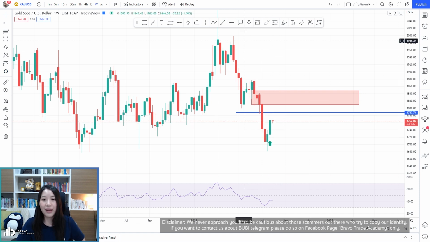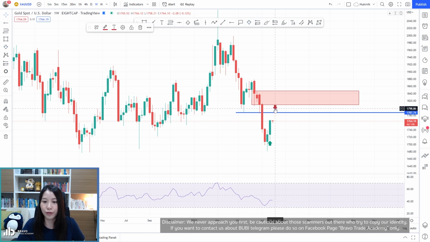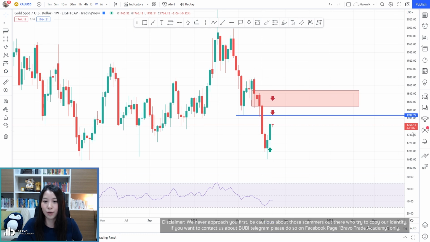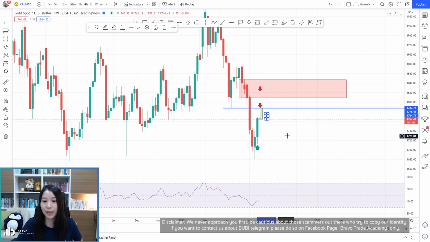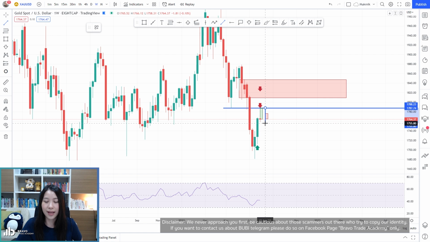So the first thing to be careful about is this resistance at around 1790, and another one at this supply zone. The price for this week could be a bullish candlestick and stop somewhere at the resistance, or could it be bearish? Maybe, but I would say that the price might need to test this resistance first.